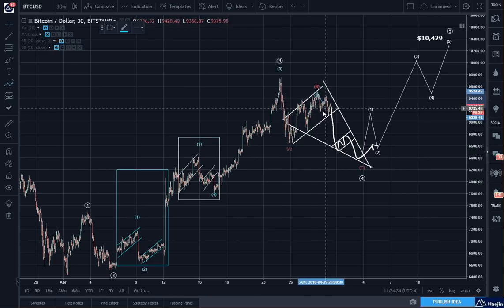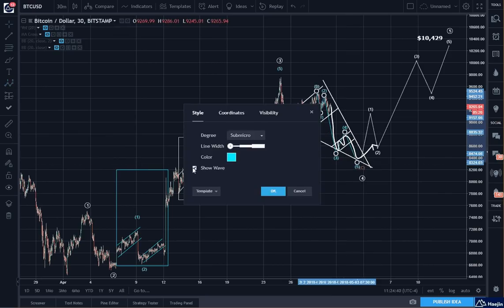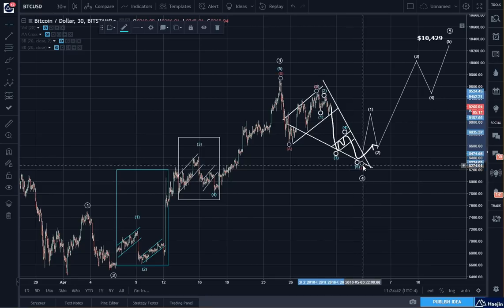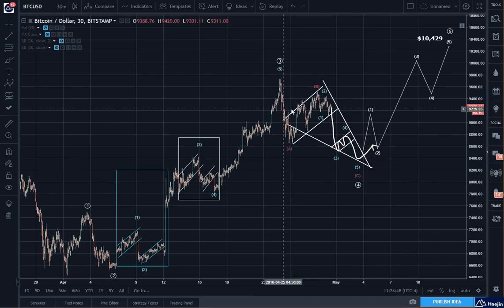So we have 1, 2, 3, 4, and 5. It all seems to just fall in place. Now, so this could be a third fractal of these two. We kind of had a small one right here, but this is a lot more pronounced.